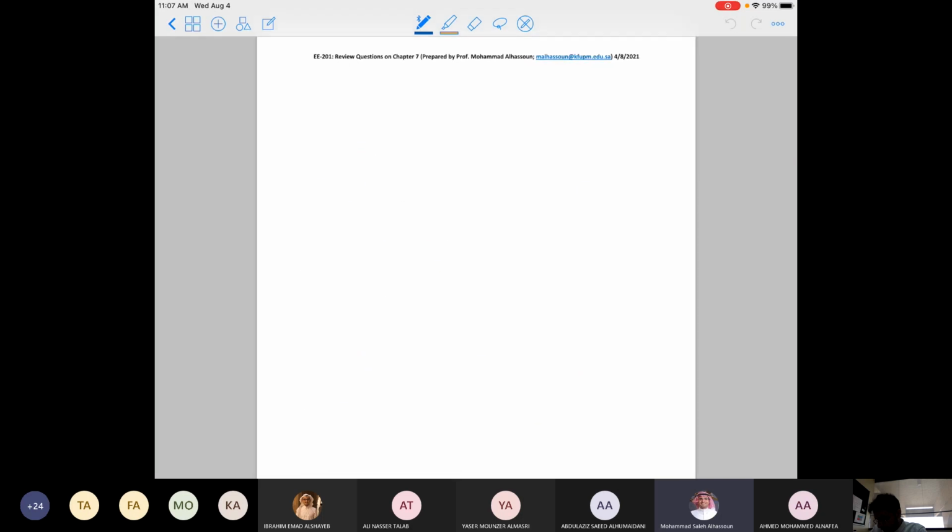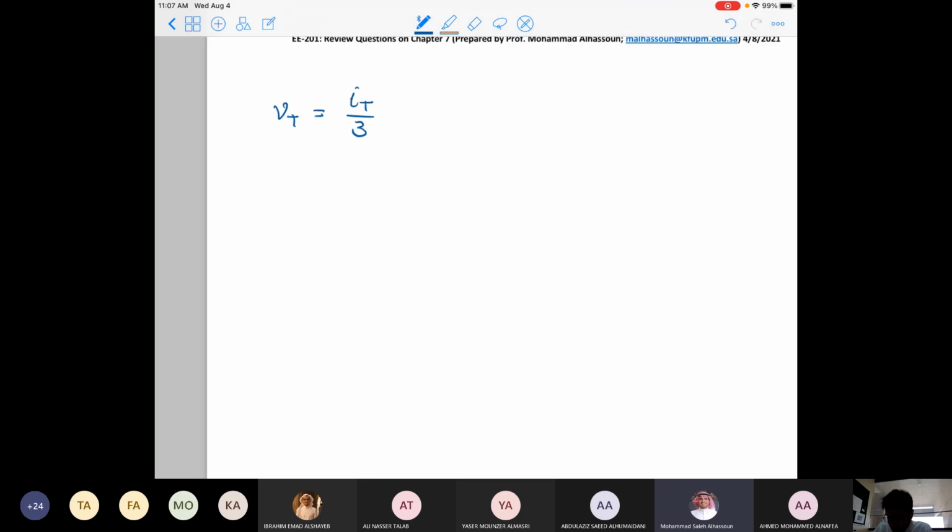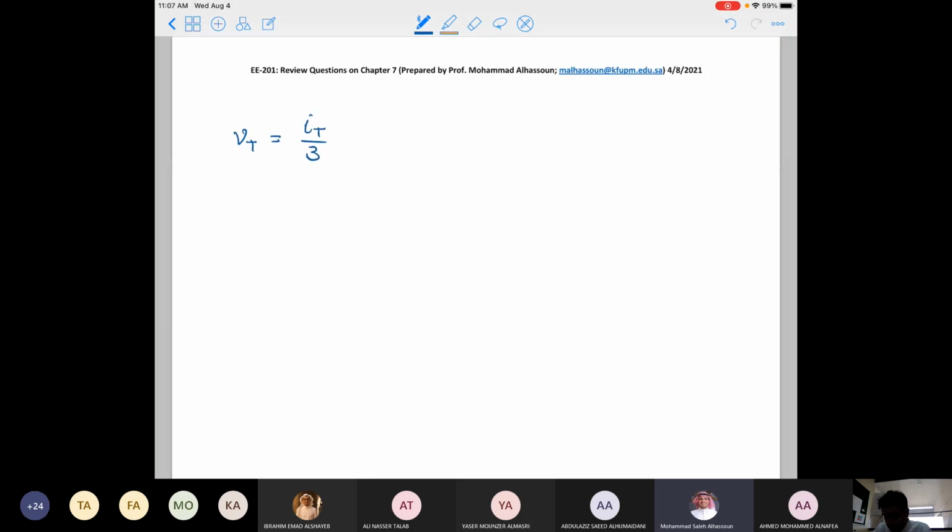So this implies that V of t equals I of t divided by 3, and R Thevenin is going to be V of t divided by I of t, which is 1 over 3.